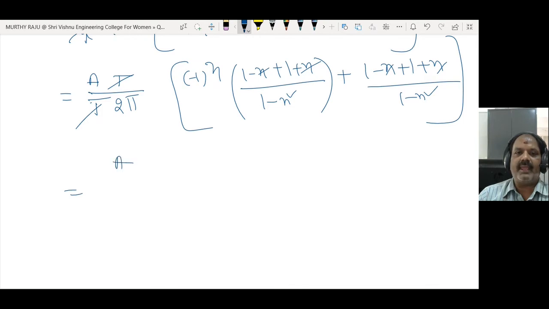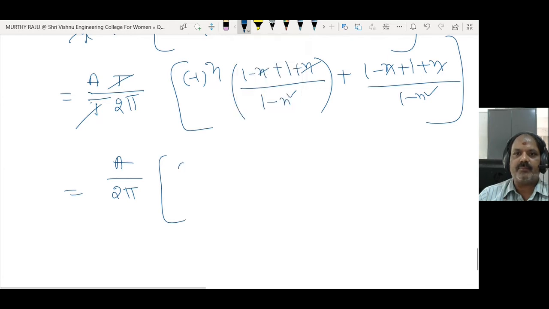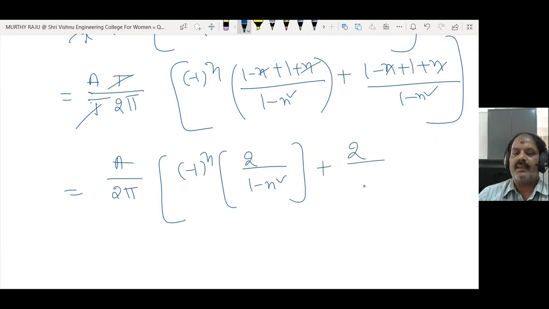Therefore A by 2 pi, minus 1 whole power n, 2 pi 1 minus n square.